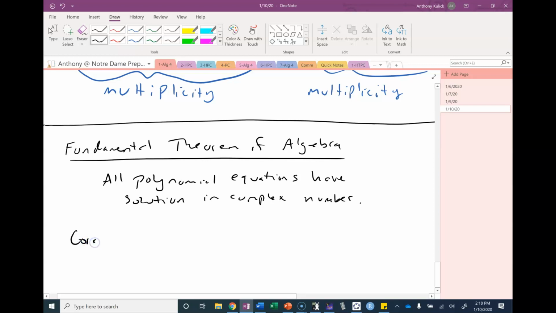We have a corollary to this. A corollary is just like a theorem that uses another theorem more specifically. And I'm going to abbreviate the fundamental theorem of algebra just as FTA.